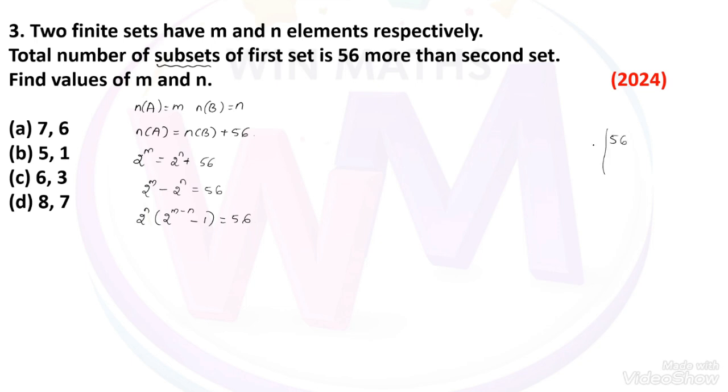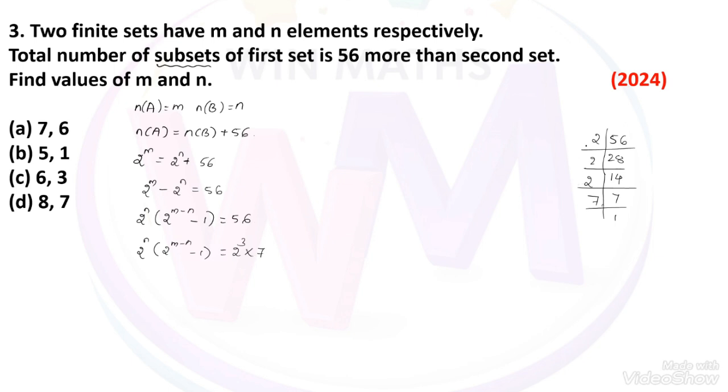So 56 can be written as 2 into 28, then 2 into 14, again 2 into 7, that is 2 to the power 3 into 7. So 56 can be expressed as 2 to the power 3 into 7, and 2 to the power m minus n minus 1 is equal to 2 to the power 3 into 7.